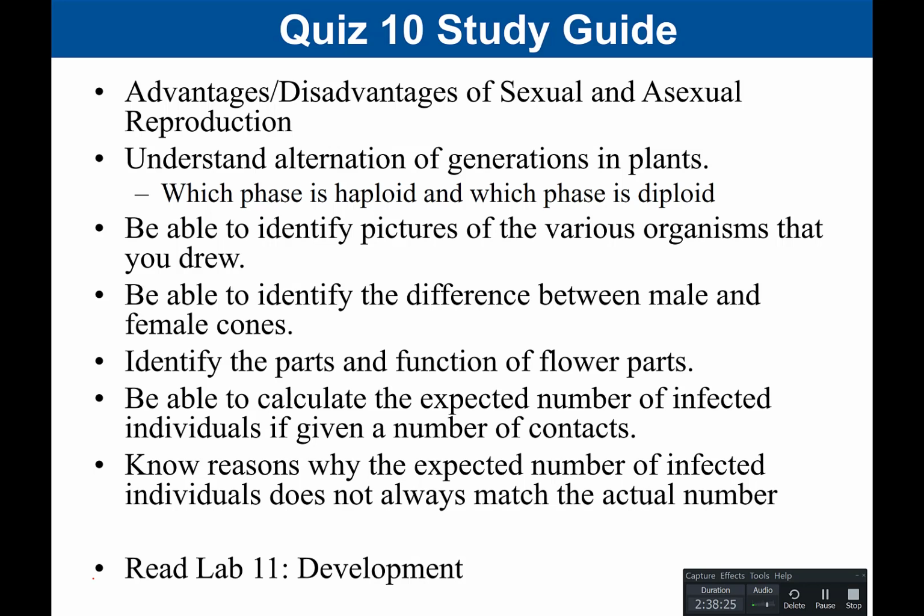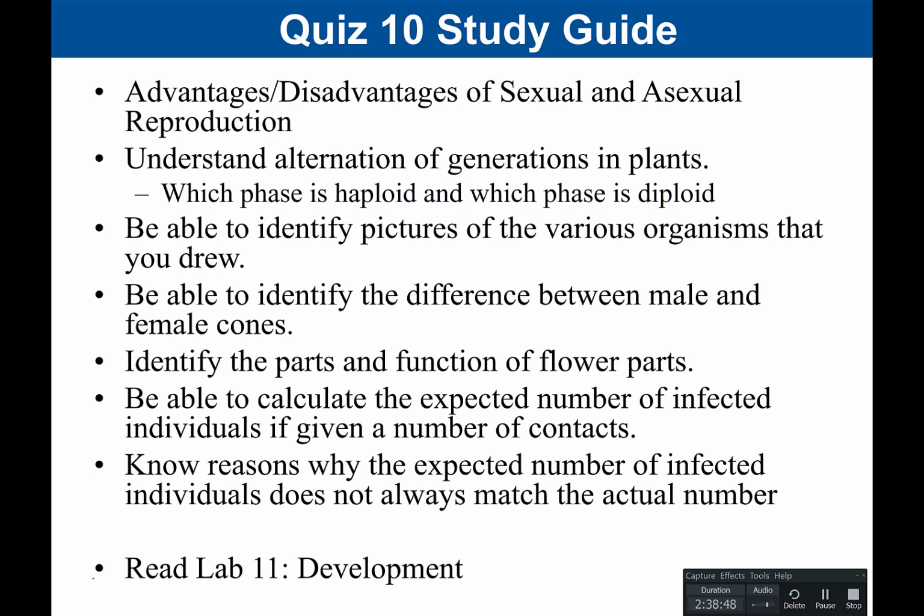Identify the parts and the function of the flower parts. So you should be able to label or know where the anther is and that the anther contains the pollen. And the stigma is on the pistil, and it's the sticky part where the pollen lands, etc. So identify the parts and the function of the flower parts.